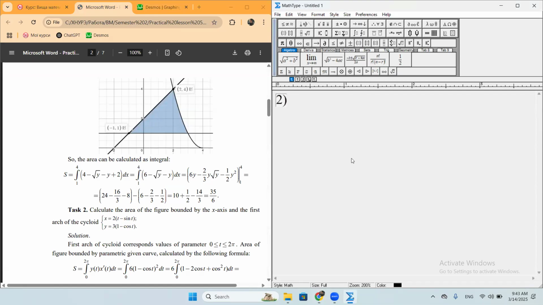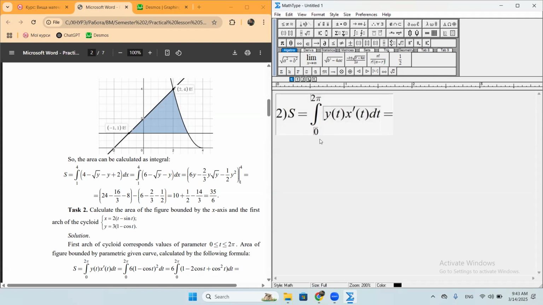Now we need to calculate the integral. So how to find the value here? As we already know, the formula is the following: the integral from 0 to 2π of y of t multiplied by x prime of t dt.